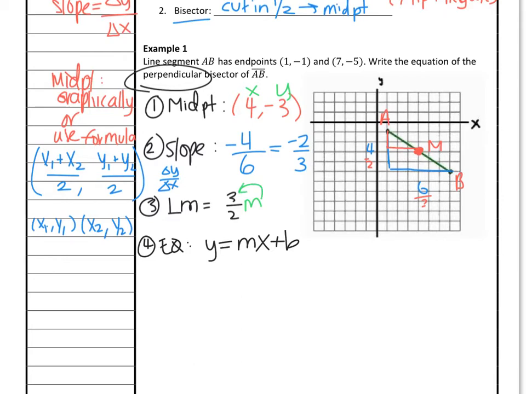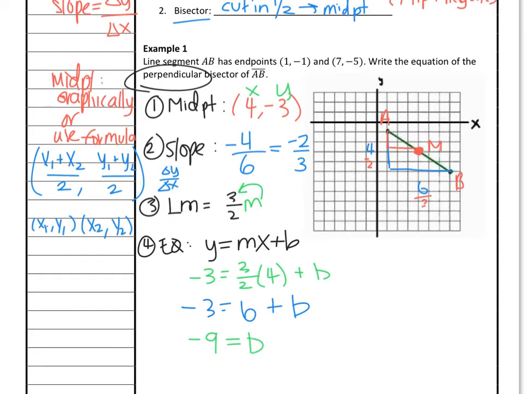So we've got negative 3 equals 3/2 times 4 plus b. Okay, so now we've got negative 3 equals 6 plus b. Subtract that 6 over, now we have negative 9 equals b.